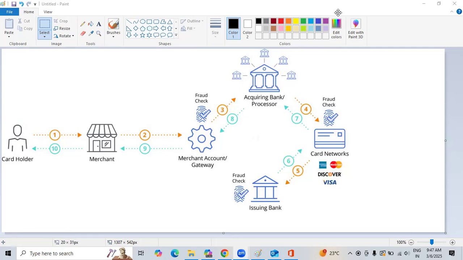So this is generally what the B2B payment gateway network is all about. This is what we normally need to perform as far as the payment gateway process is concerned.